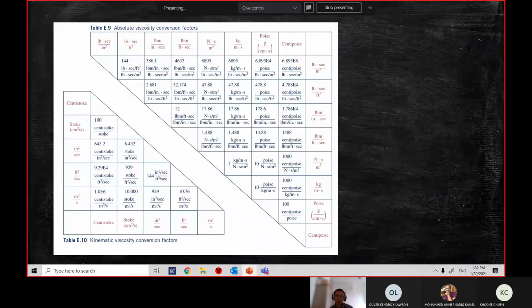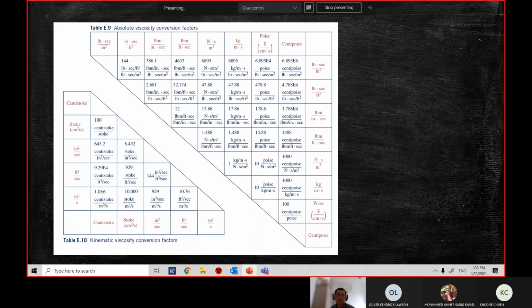Try to find this table, because in the exam this table would not be given. It will be on your own, so you need to know where to find all these values.